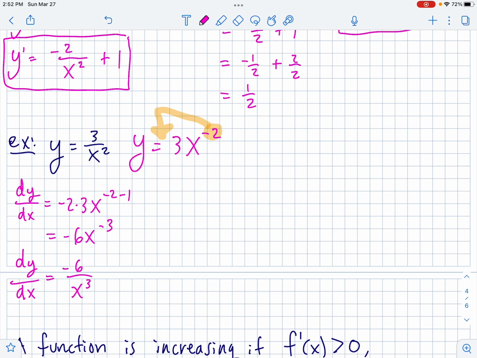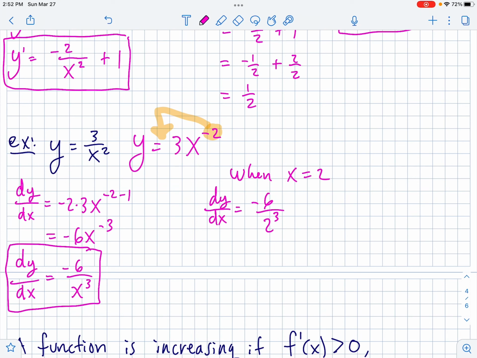So dy dx is equal to negative 6 over x cubed. That's the derivative. Then when x is equal to 2, we get negative 6 over 2 cubed, which, if you don't really want to do too much work, I'm not going to take your calculators away.